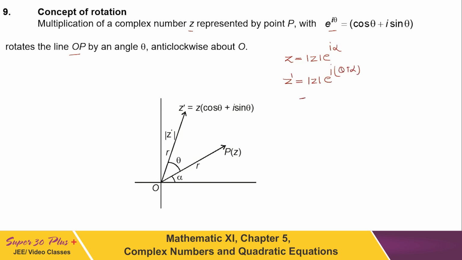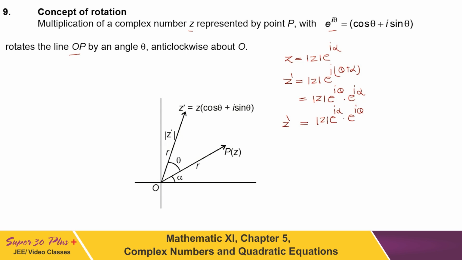Now it is equal to mod z e to the power iota theta into e to the power iota alpha, and it is equal to mod z e to the power iota alpha into e to the power iota theta, meaning this z dash is equal to mod z e to the power iota alpha into e to the power iota theta.